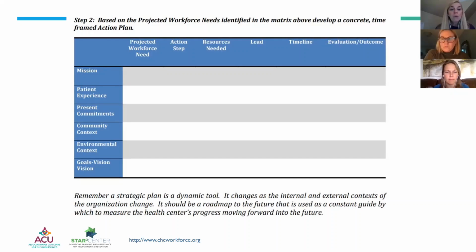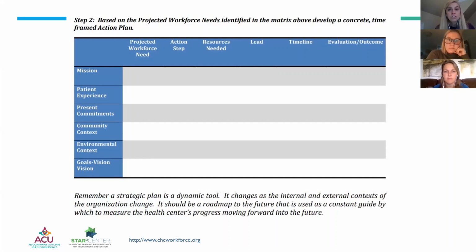Okay, and one thing I want to point out before Michelle forwards the slide is that strategic planning and the strategic plan itself is a dynamic tool. Something else that the recruitment and retention template that Michelle's going to go over today is a dynamic tool. And so we want to emphasize with our health centers, and as you guys are doing training, emphasize that this is not a one-time thing.